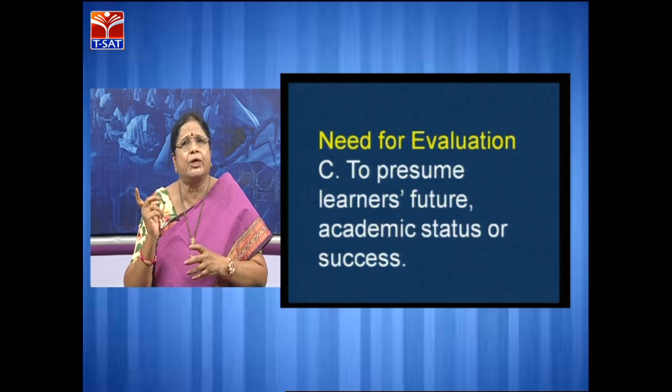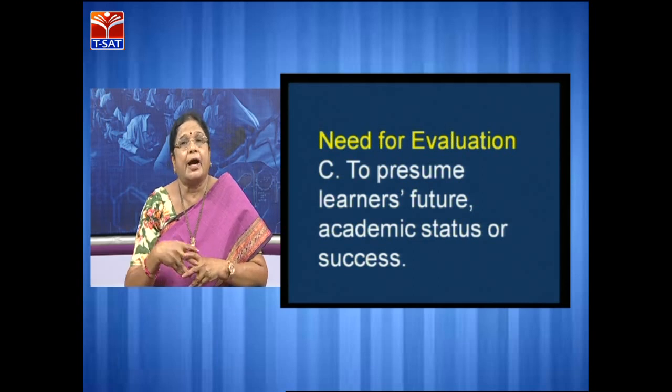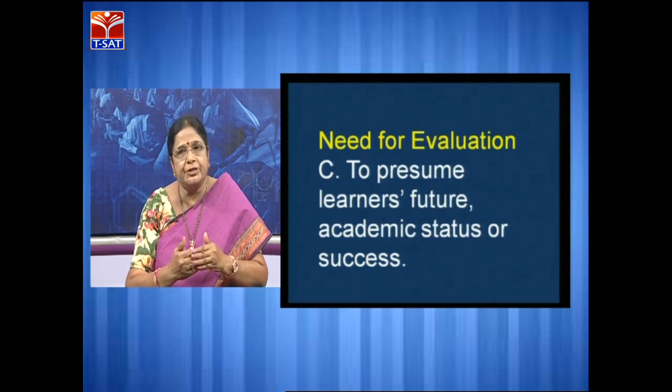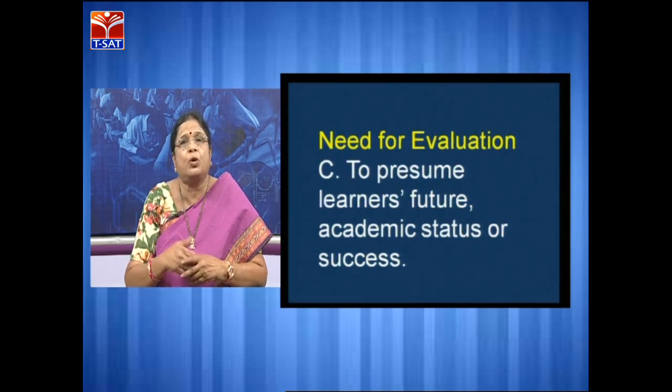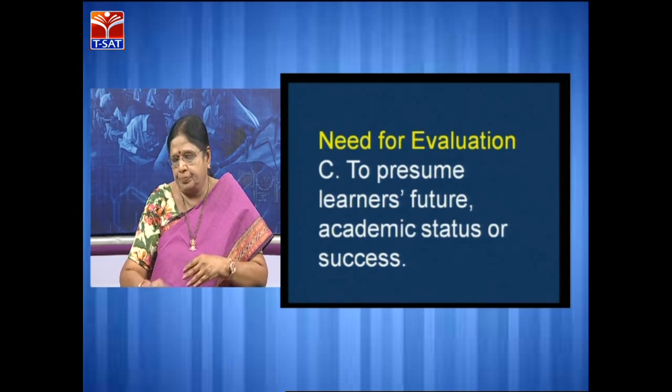I am sure she would come first, school first, and I am expecting highest marks in English. So, this kind of prediction by the teacher is possible through evaluation. How did the teacher come to know about this? Only through evaluation, by constant observation, assessing the progress.